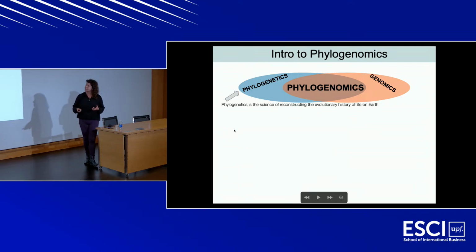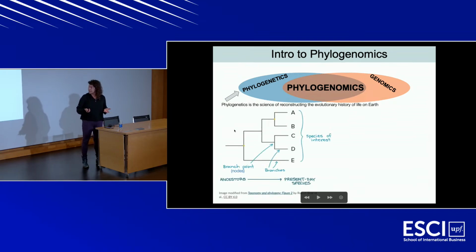Phylogenetics is the science of reconstructing the evolutionary history of all life on Earth. And the way we represent this is with graphs called phylogenetic trees. They are fully bifurcating, so we have in the terminals some species of interest, could also be genes, could also be traits.